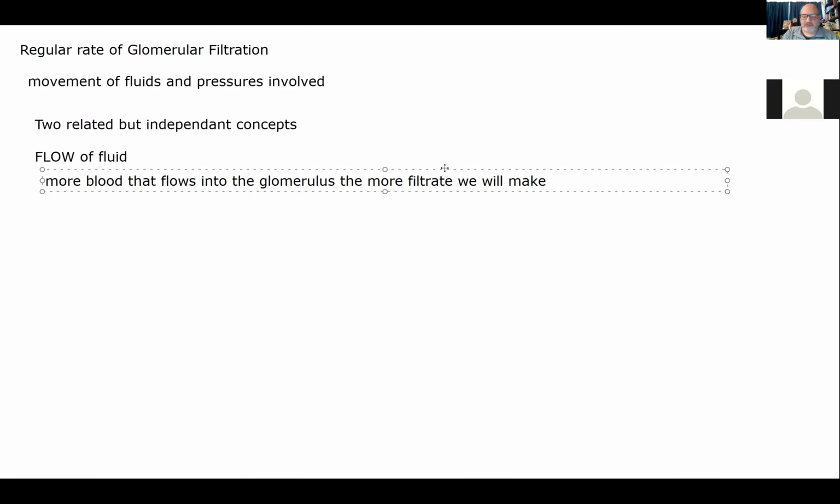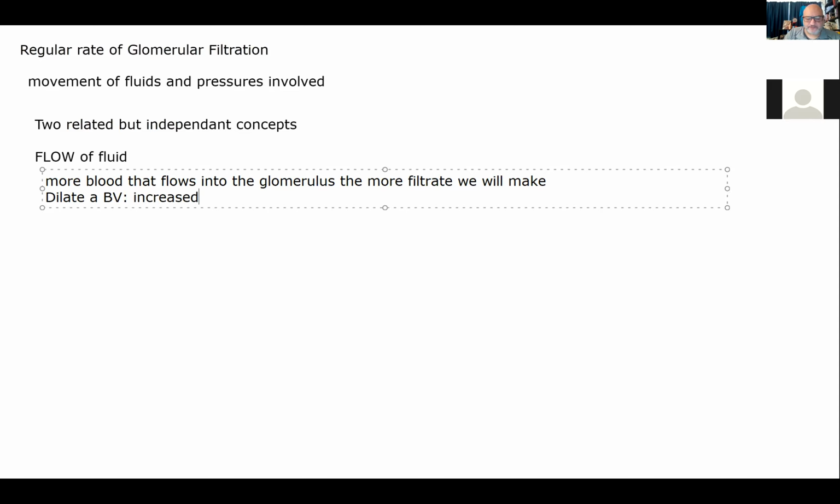Yeah. So notice in this case, if we were to dilate a blood vessel, as a result of that, we would get increased flow. And with more water, more blood, we get more filtration. Okay?